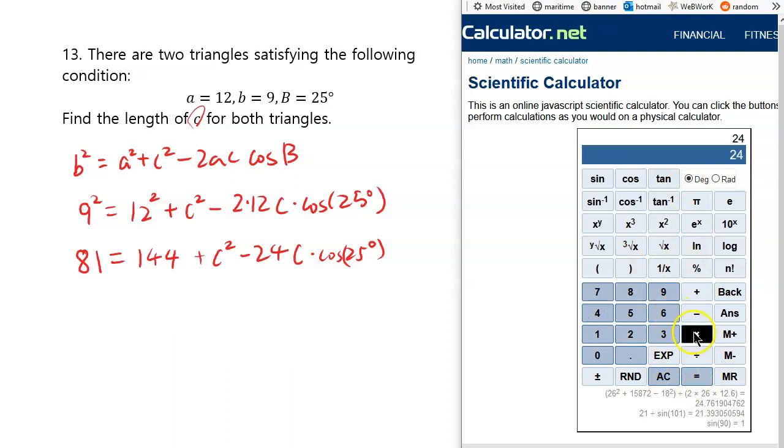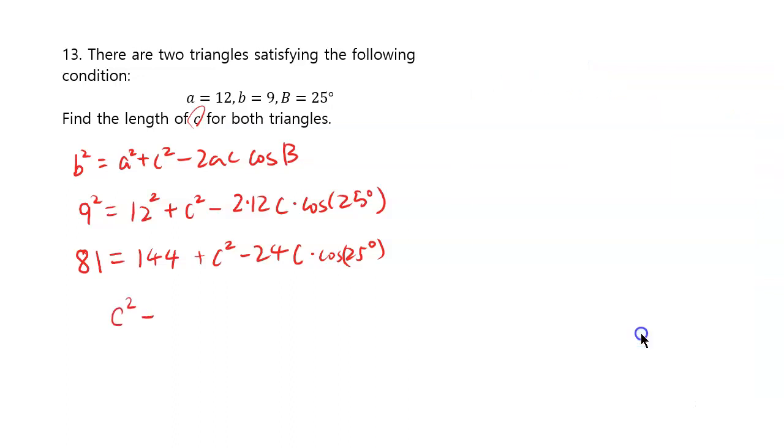24 times cosine 25. Okay, 21.75. Alright, so this is what you get: C squared minus 21.75 C, and then plus 144, and if you move this to the other side, subtracting 81 gives you 63, equal to 0.